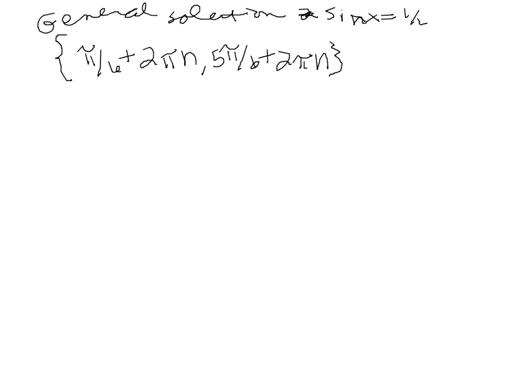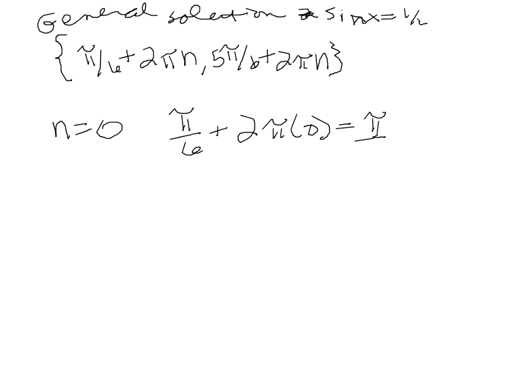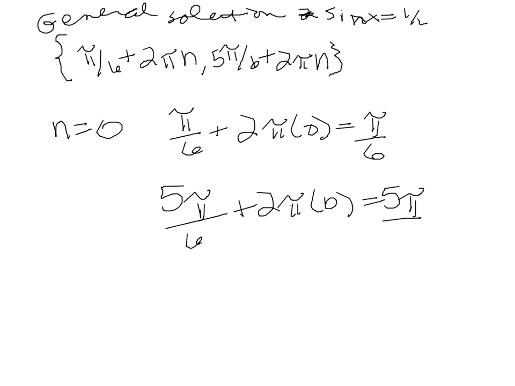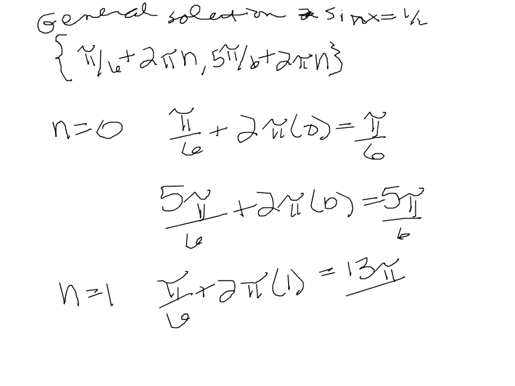Okay? So if I let n equal 0, then what I get is pi over 6 plus 2 pi times 0, which is pi over 6. And I get 5 pi over 6 plus 2 pi times 0 equals 5 pi over 6. I can let n equal 1. That would give me pi over 6 plus 2 pi times 1, and that gives me 13 pi over 6.